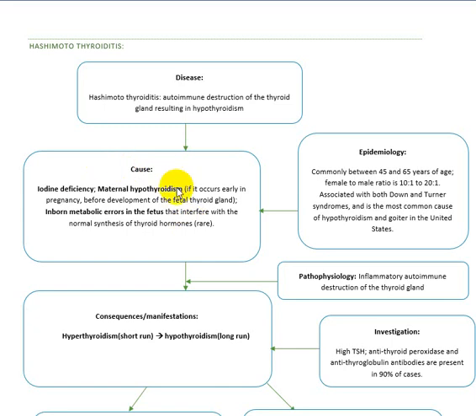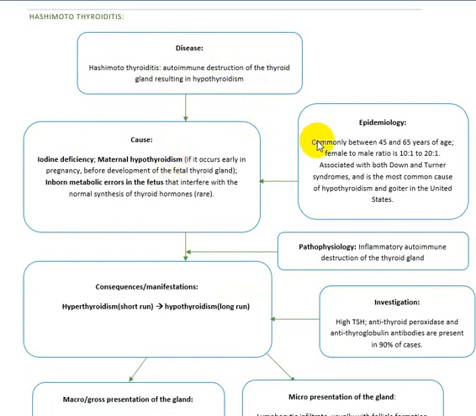The cause of Hashimoto thyroiditis is genetic, mainly due to autoimmune disorders, where an autoimmune antibody is secreted against the thyroid gland. So this is wrong. The cause is autoimmune destruction of the thyroid gland resulting in hypothyroidism.